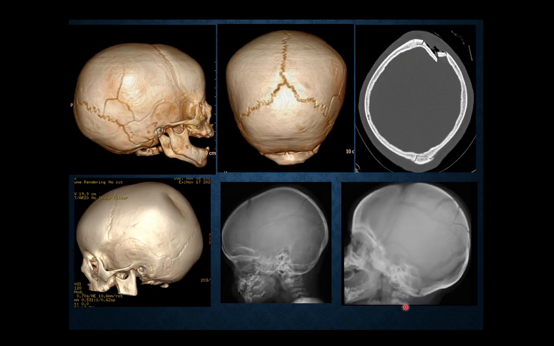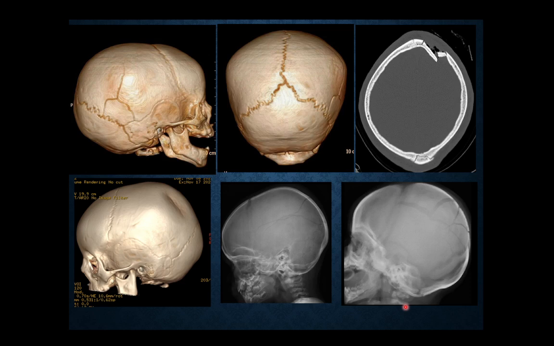One other important point regarding fractures, especially of the skull, because we have sutures here: how to identify whether it is a fracture, suture, or vessel. These are three important things. The sutures have a zigzag appearance.